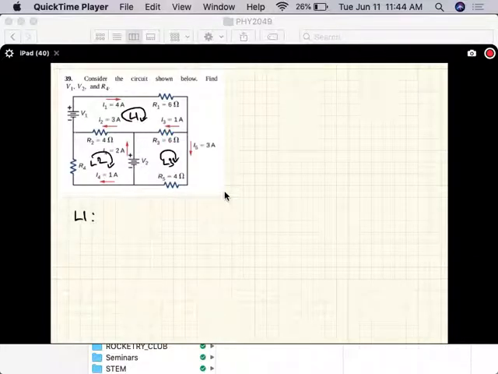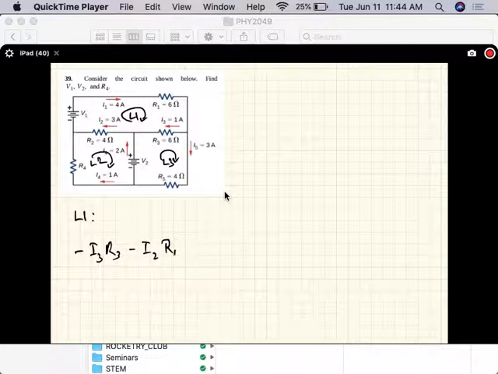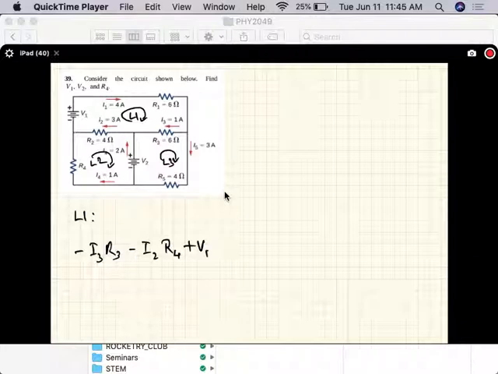So you're starting here, going with the current, so that's minus I3R3. The next term is minus I2R4, and then it's plus V1, and then the next term is minus I1R2.